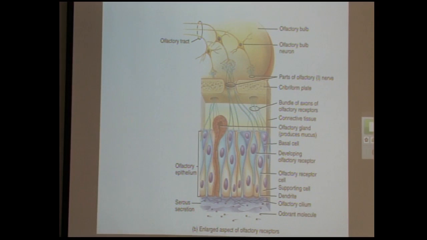Okay, maybe it's something like ammonia gas. Maybe the triangle. So your receptor for sulfur smell is going to fit this one. This would be the receptor. And then the ammonia one is going to be a differently shaped receptor. They just fit into that.